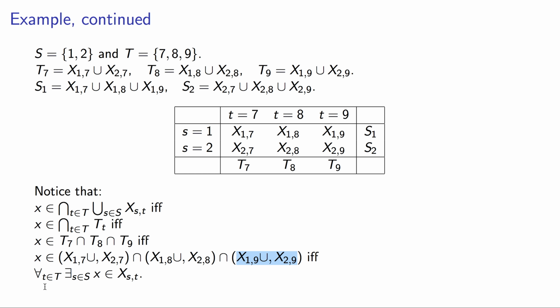So we can conclude that x is a member of this kind of intersection of unions if and only if for every t in capital T, there exists an s in capital S, such that x is a member of the component X sub st.